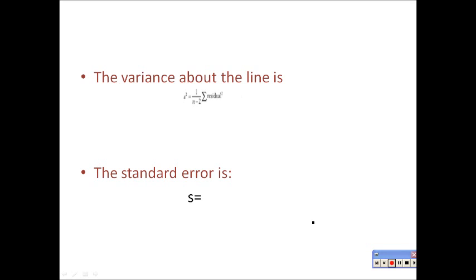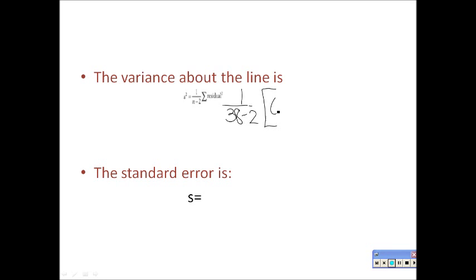Now we will calculate the variance about the line. The variance about the line is s squared equals 1 over n minus 2 times the sum of the residuals squared. So to do that, we have to do 1 over 38 minus 2 times the sum of the residuals squared.